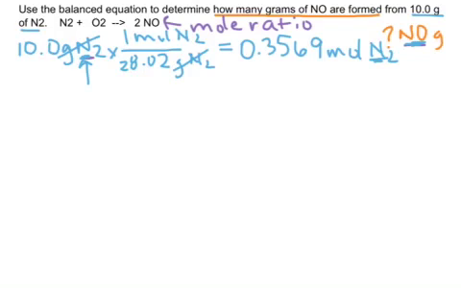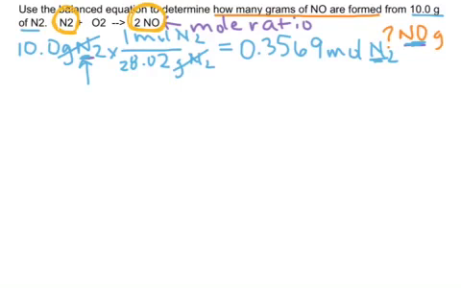To do that, I'm going to look at the equation up here. I'm going to find N2 and I'm going to find NO up here. And I see that for every 1 N2 that I have, I will make 2 NOs.